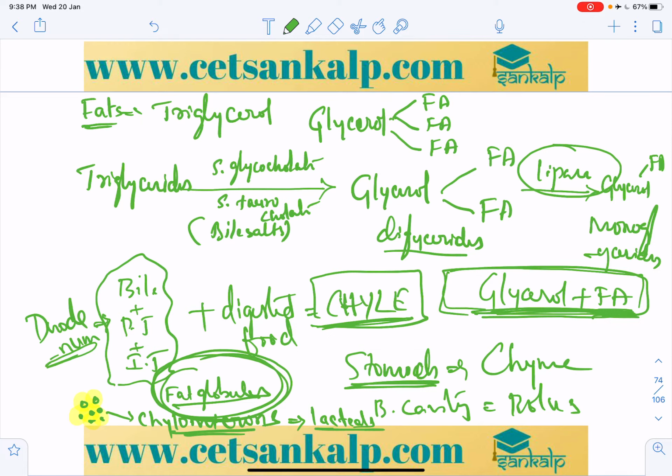So the glycerol and fatty acids enter the intestinal epithelium in the form of chylomicrons, that is protein-coated fat globules, along with phospholipids and cholesterol.